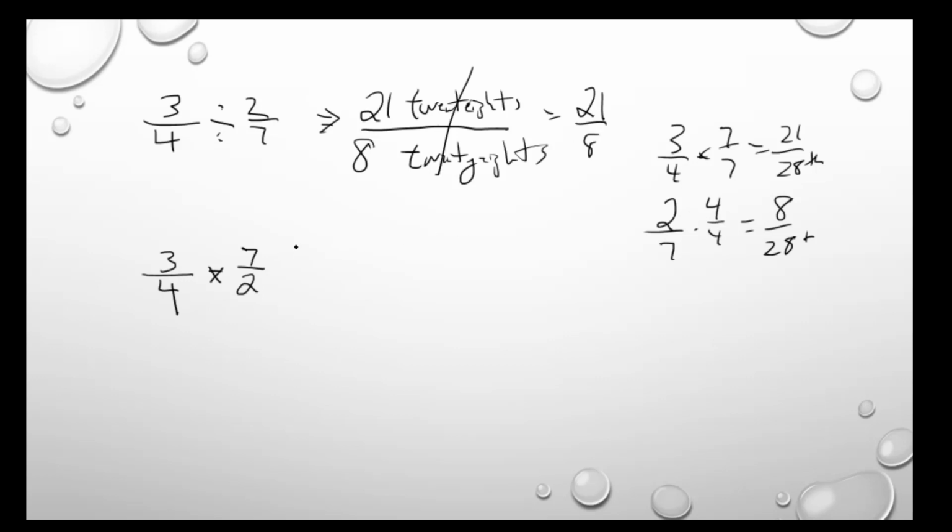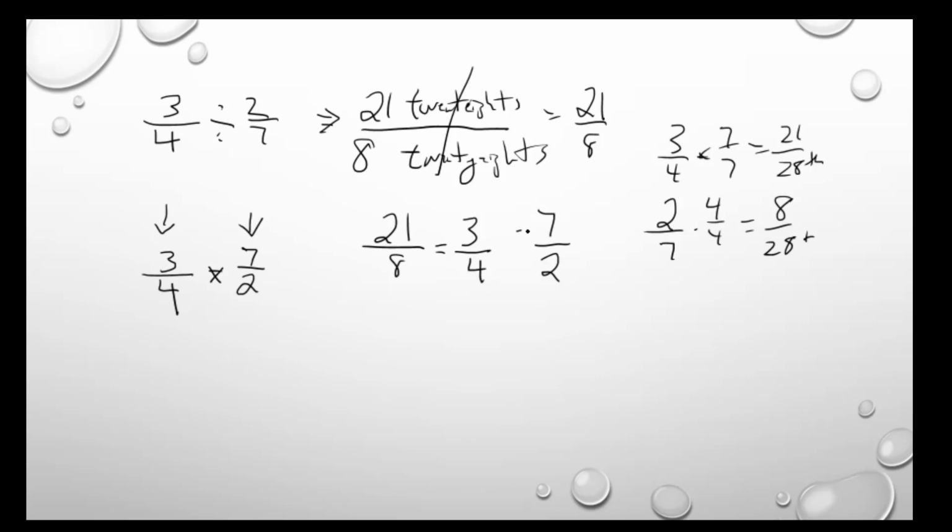Now I'm going to look at 21/8, and I'm going to factor it. This will factor into 3 times 7, right? And this will factor into 4 times 2. So I could have taken 3/4 times 2/7 and gotten the same result.